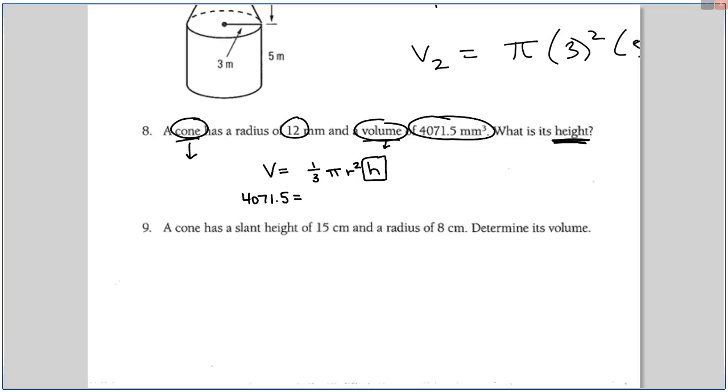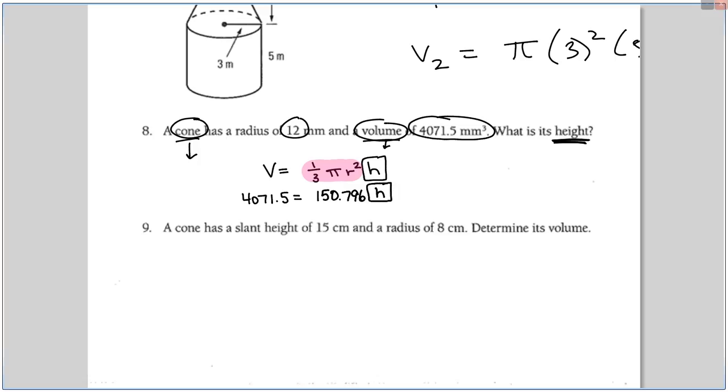So what you can do, and I'll highlight it, you could figure out this thing in pink here. What is that? 1/3 times pi times 12 squared. I'm getting like 150.796. And you still have h next to it.